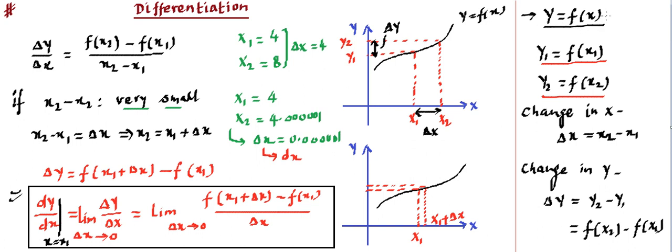So if the function is known to us, how will we write this dy upon dx? The technique, or the rules, of this we need to learn first, and we need to get comfortable with that operation or calculation. Once we are done with the rules and other aspects of this calculation, then we will be interpreting what exactly it is, what meaning it has, and how we are going to use it in physics.